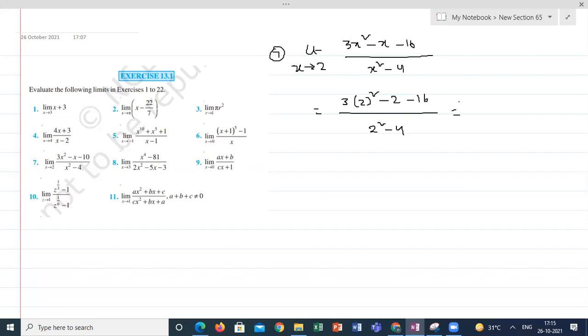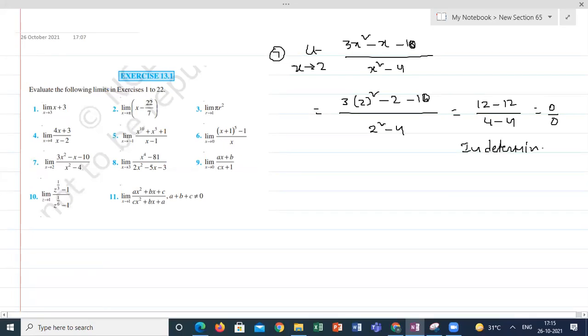What is the answer you are getting? This is 12 minus 12 divided by 4 minus 4. The answer is 0 by 0 indeterminate form. So we have to go for simplification of the expression.